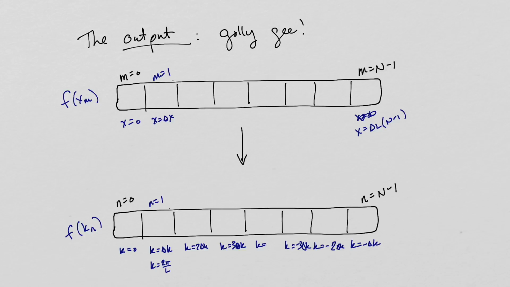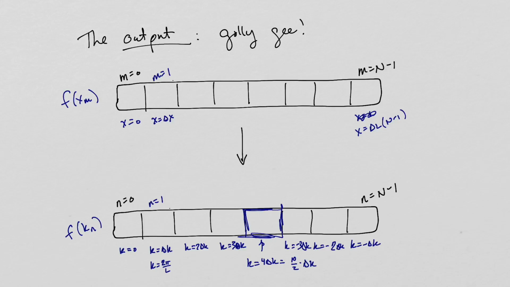Where this k is equal to 4. This k here is equal to 4 delta k. Of course, you recognize that as n over 2. I happen to have 8 blocks here times delta k. And this block turns out to be really special because it's both moving to the right and moving to the left.